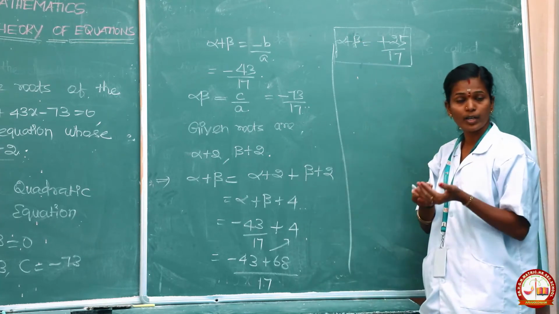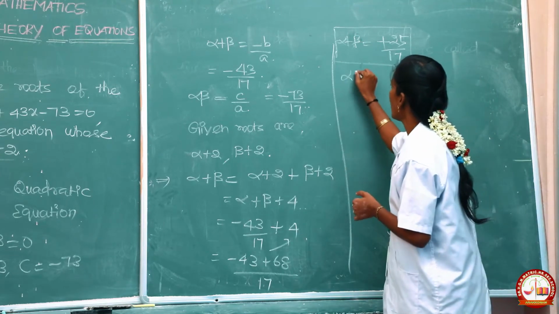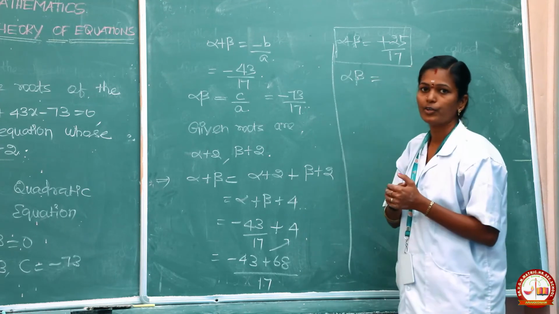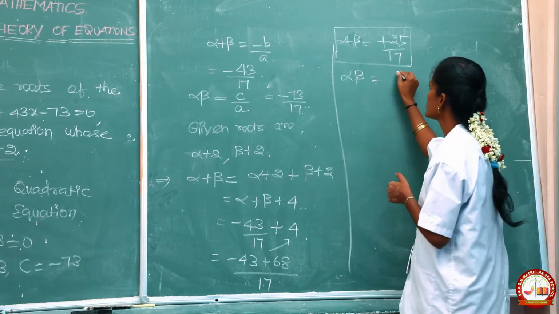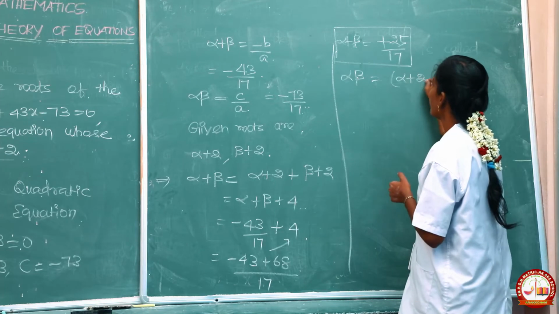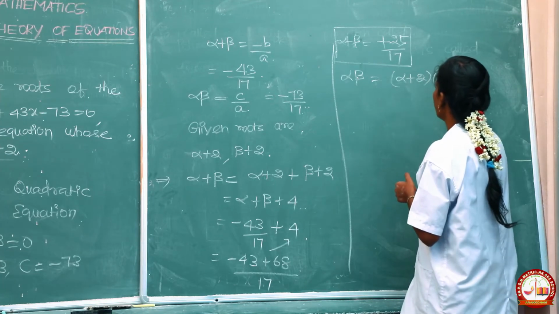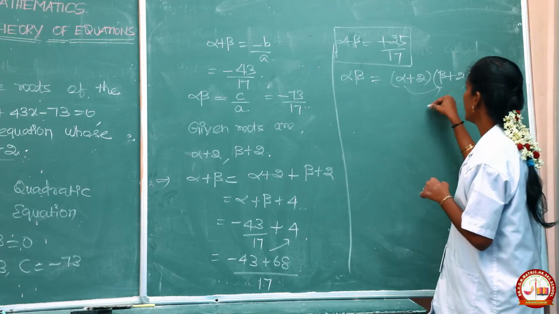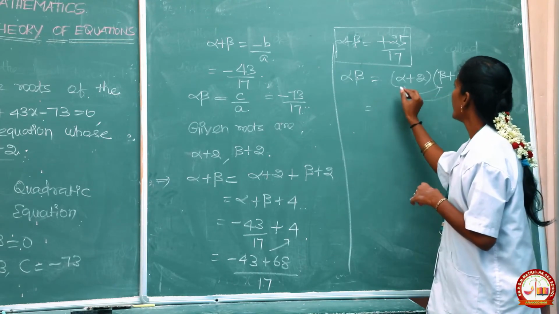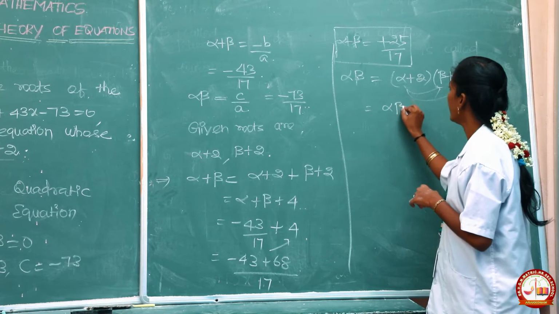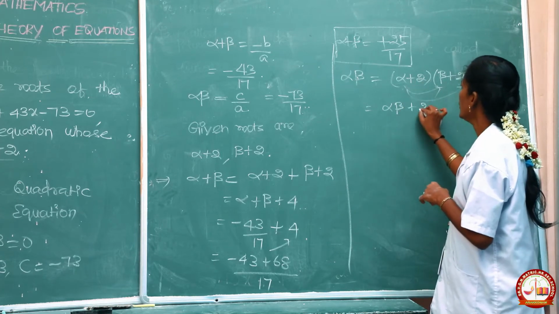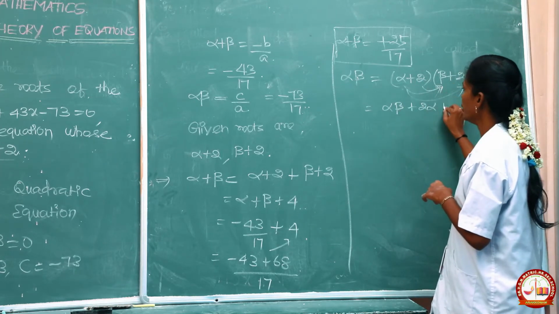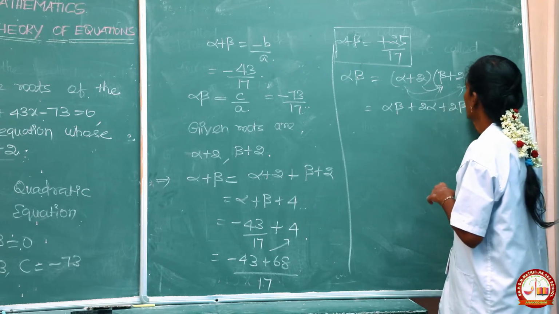Next we have to find out the product of the roots, alpha beta. So multiply the given roots, alpha plus 2 into beta plus 2. Multiply the values here. Alpha into beta, alpha beta, alpha into 2, 2 alpha, 2 into beta, 2 beta, 2 2s are 4.